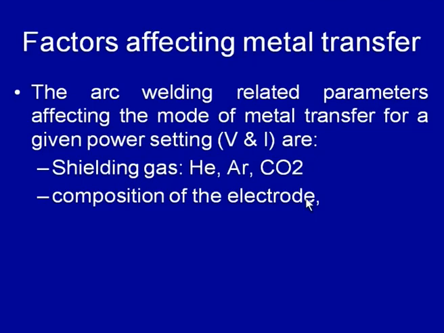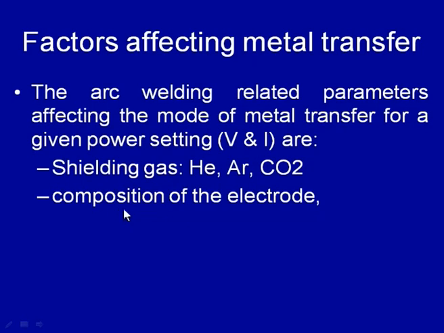So, if the electrical resistivity of the electrode material is high, then the flow of current through the electrode, especially in the electrode extension portion, generates extensive heat, and this heat generation affects the melting rate, which in turn can affect the rate at which molten metal will be transferred from the electrode tip to the workpiece. So, the electrode composition can affect the metal transfer by influencing the electrical resistivity, and so the electrical resistance heating, and so the rate of the melting.